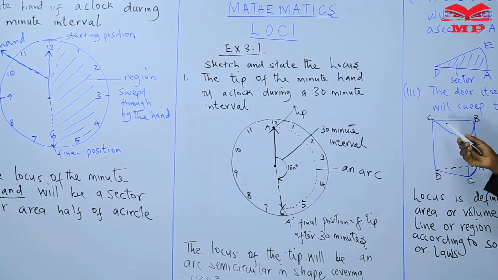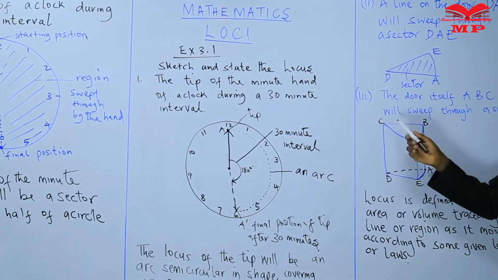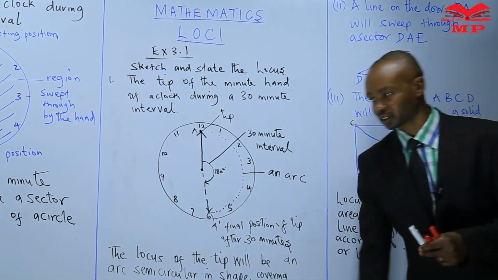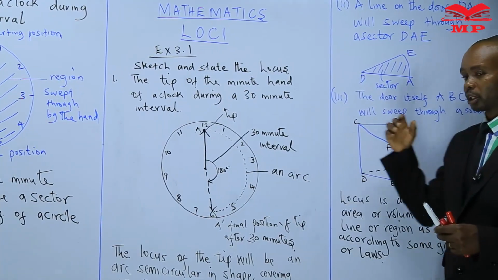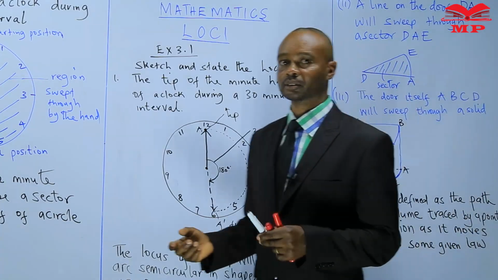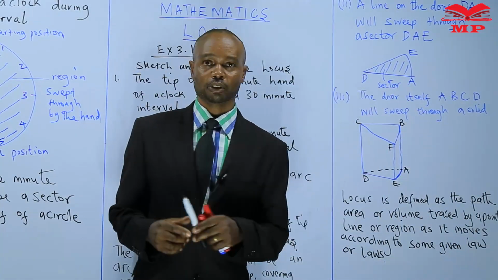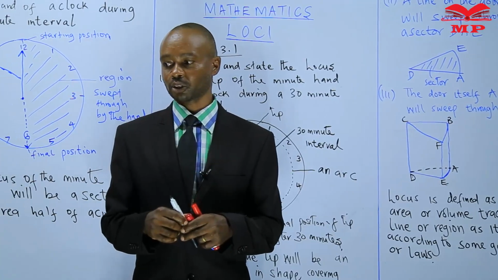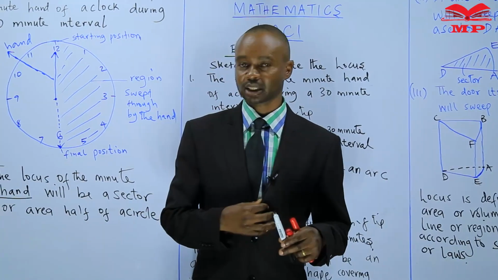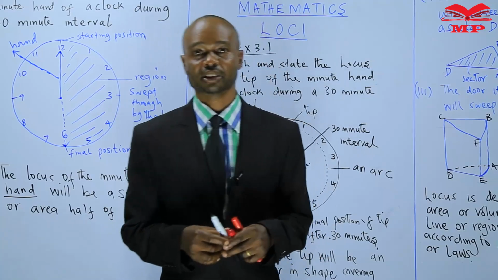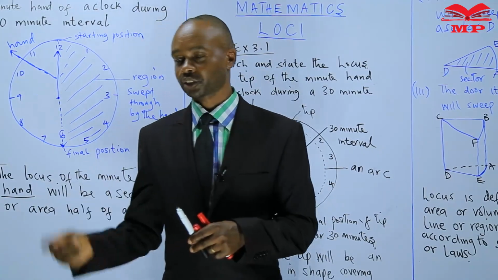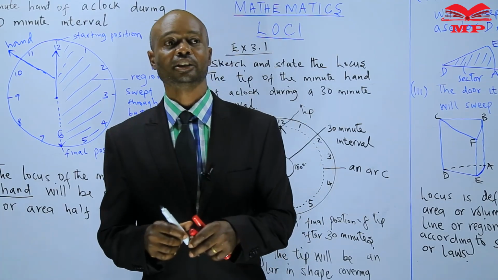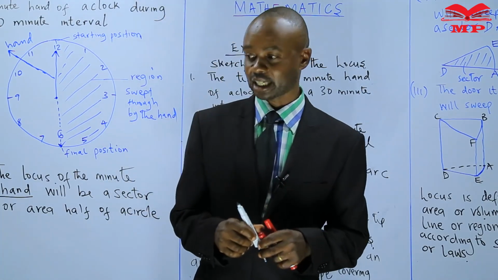The region would have been A, B, C, D, the whole door sweeping. But in our subsequent lesson, we are going to tackle the third one, which involves a region that will generate a volume. So having come to that point, I'll give you an assignment, number 3 and number 4, which you'll have to work out during your own time.